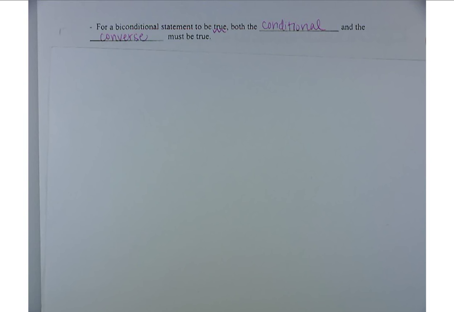Okay, so for our next example, we're going to determine if each biconditional is true. If it's false, we're going to give a counterexample. So for part A, we have an angle is a right angle if and only if its measure is 90 degrees. I want you to write the conditional and the converse.